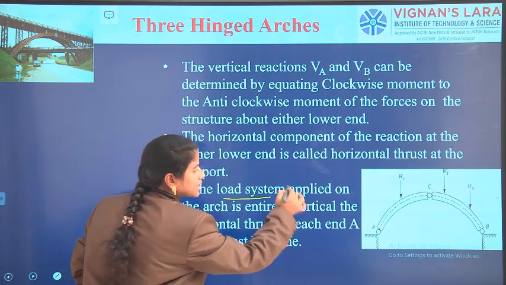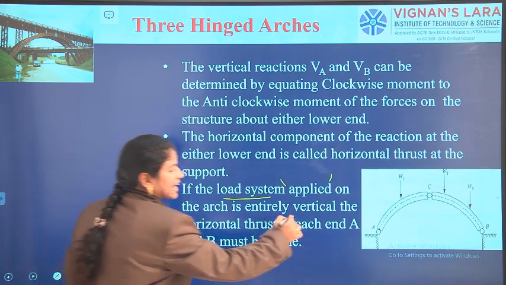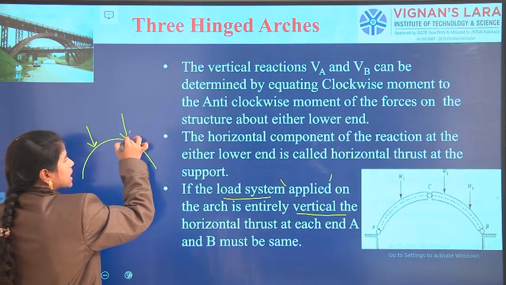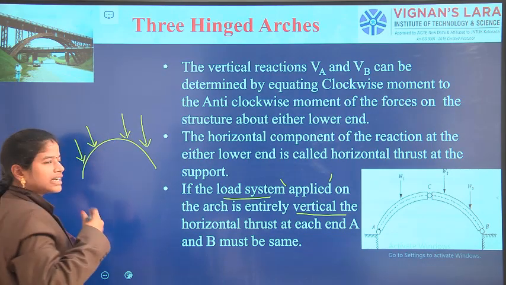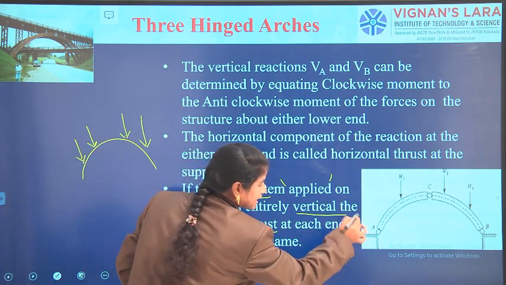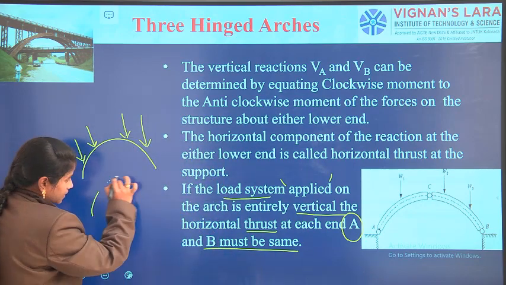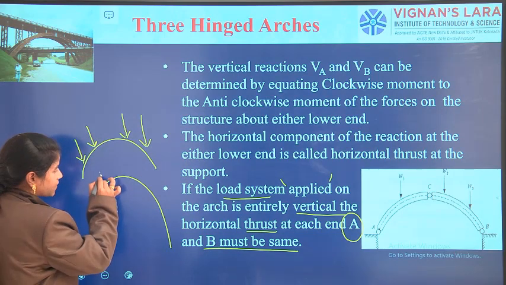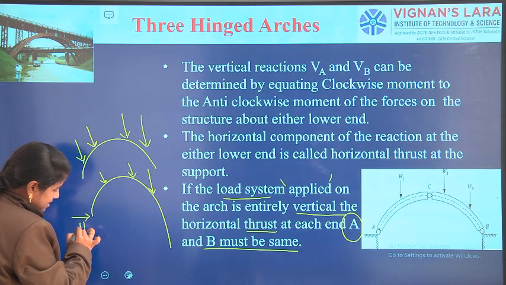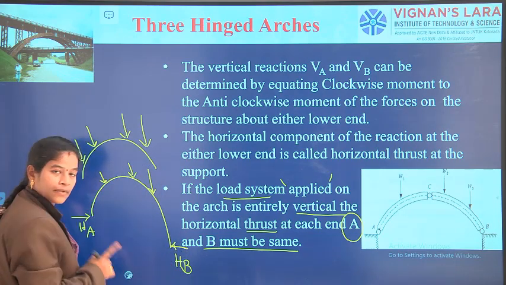If the loading system applied on the arch is entirely vertical, whatever the shape of the arch, our load is completely vertical, the horizontal thrust at A is the same as the horizontal thrust at B. So if the arch is like this, but it has only vertical loads, the horizontal reaction at A and the horizontal reaction at B will be the same.